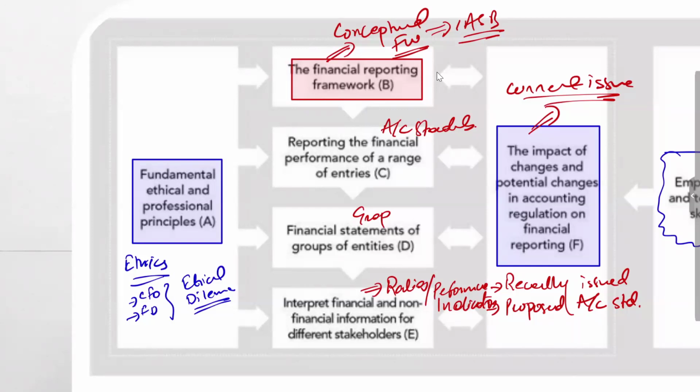So basically, if I talk about the overall scenario, you could understand that the syllabus is diverse, focusing on ethics, focusing on development, focusing on the financial reporting framework, and in addition to this, the group accounts and the accounting standards, and lastly, the performance indicators and the interpretation of financial and non-financial performance is also being examined, right?